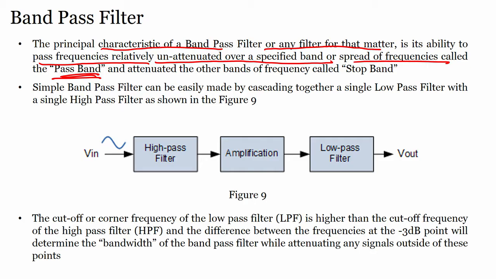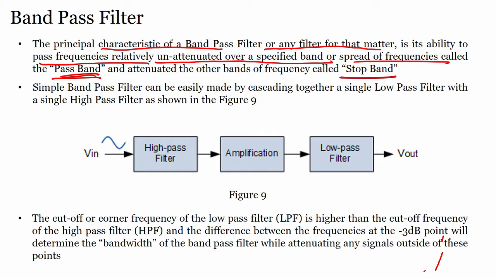It can be a low pass filter, then a low frequency band, or a high pass filter, a high frequency band. The frequency that we want to pass should be passed without any attenuation. That is called the pass band, and the other bands of frequency, which are attenuated, are called the stop band. We know what the pass band is, and we know what the stop band is.